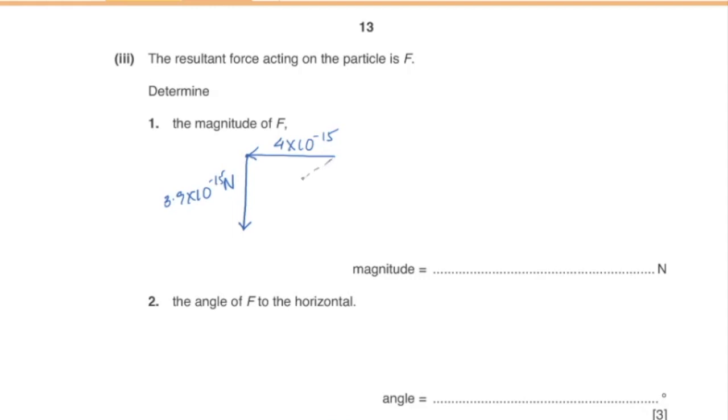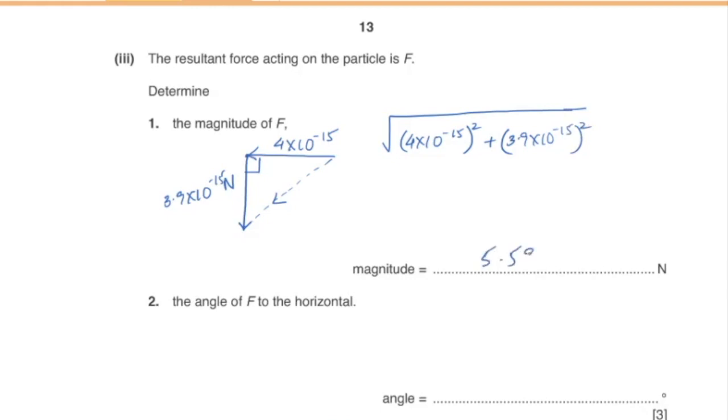The resultant force is calculated using the Pythagoras theorem, so it equals the root of the sum of the squares of these forces. So the magnitude of the resultant force that acts on the smoke particle is 5.59 into 10 to the power of negative 15 newtons.